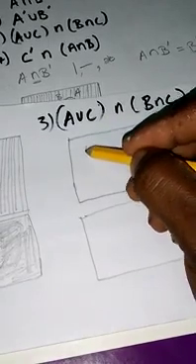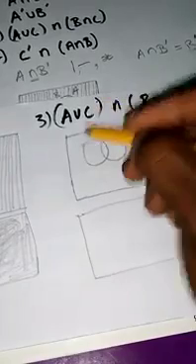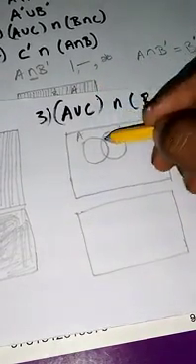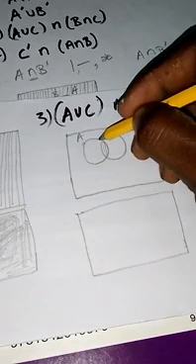So the reverse is working one side first. Let us work now. So A union C. I will just write A and C. This is the reverse. For the union, use the vertical line.